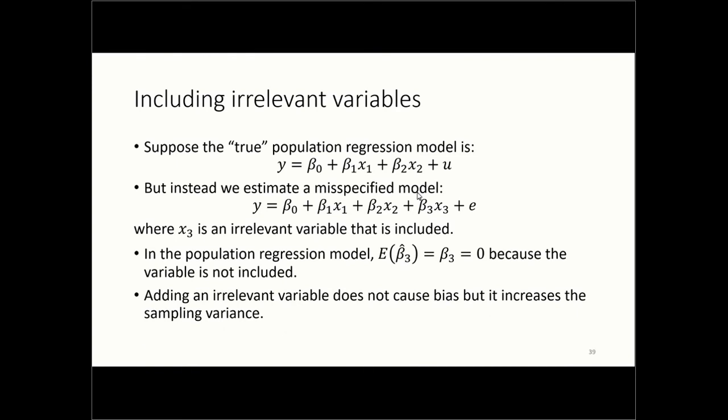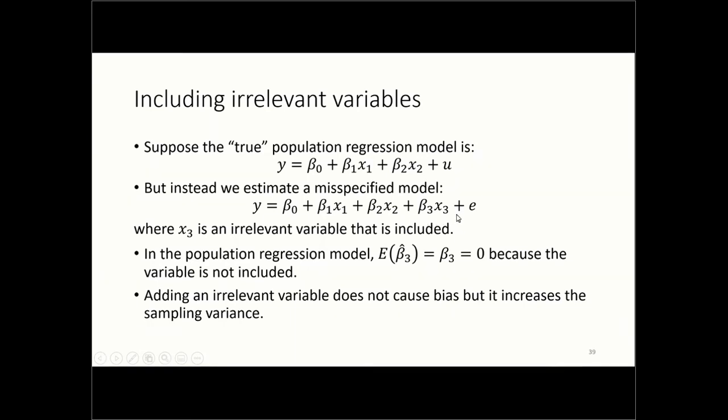So now we can have the reverse case of where we are including irrelevant variables in the model. Suppose that the true population regression model is where the dependent variable y depends on x1 and x2, but instead we estimate a misspecified model where we include a variable that does not belong in the model.